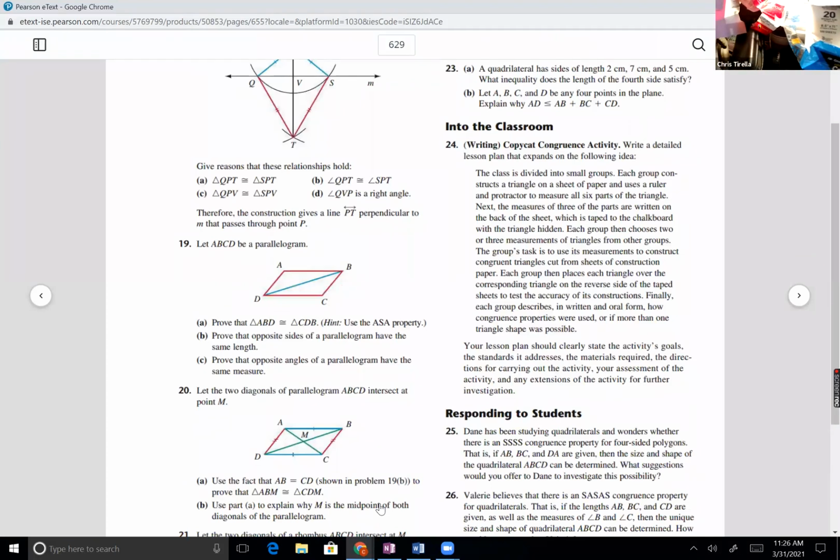This question says that ABCD is a parallelogram. And we want to show, first of all, that triangle ABD is congruent to triangle CDB. Are you folks all right if I pull up a blank sheet of paper and write this out?